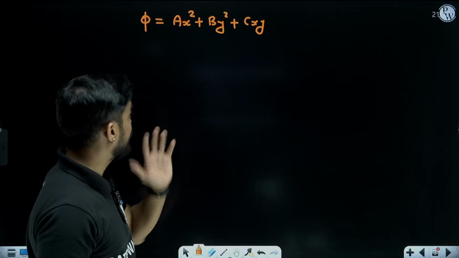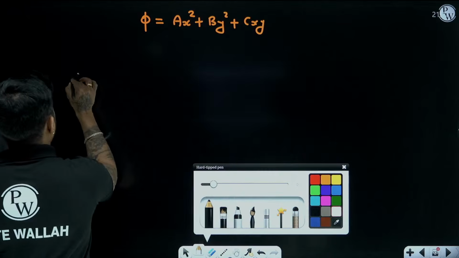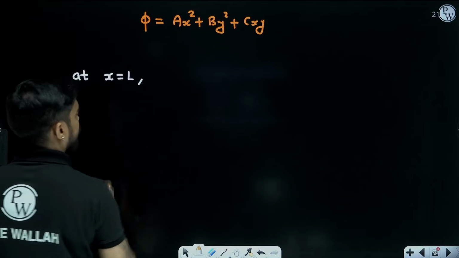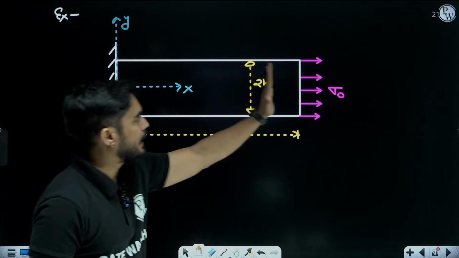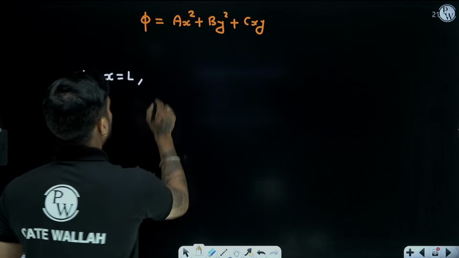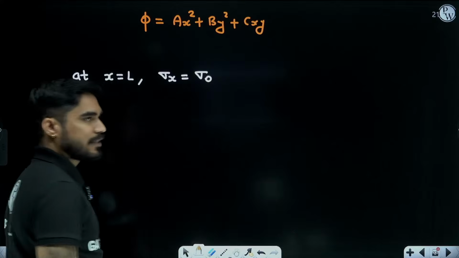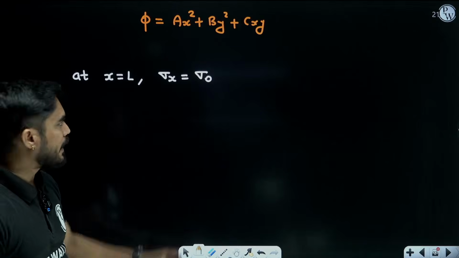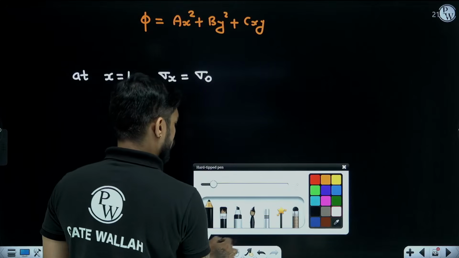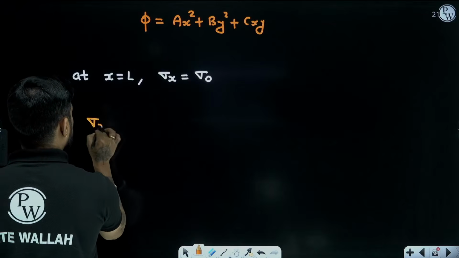Okay, so understand, at x equal to L, here sigma x is equal to sigma naught, na? So at x equals L, sigma x should be equal to sigma naught. So let me write sigma x. What will be sigma x?